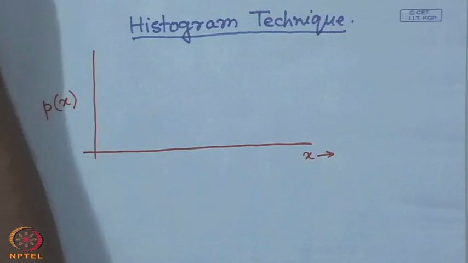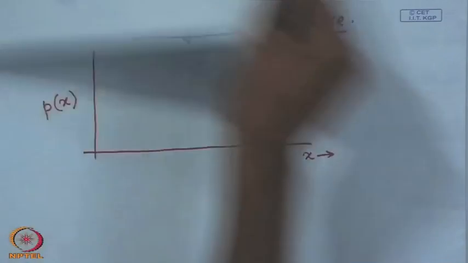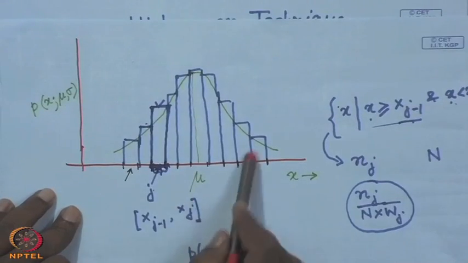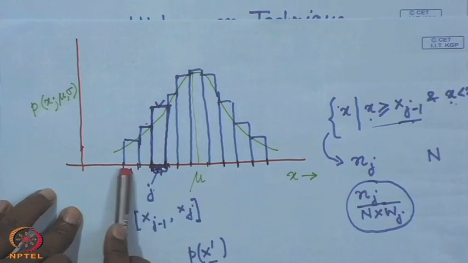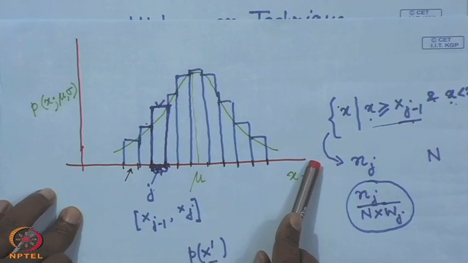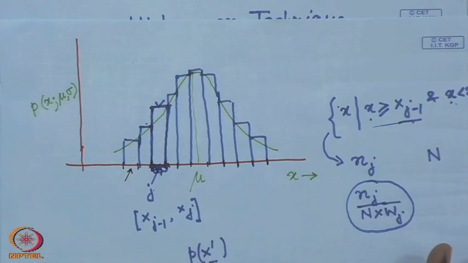As we have seen earlier, in the piecewise constant approximation of a continuous probability density curve, we divide the variable axis or x axis into a number of intervals. The widths of different intervals may be the same or different. In general, different intervals will have different widths, but for simplification we can make all the widths the same.